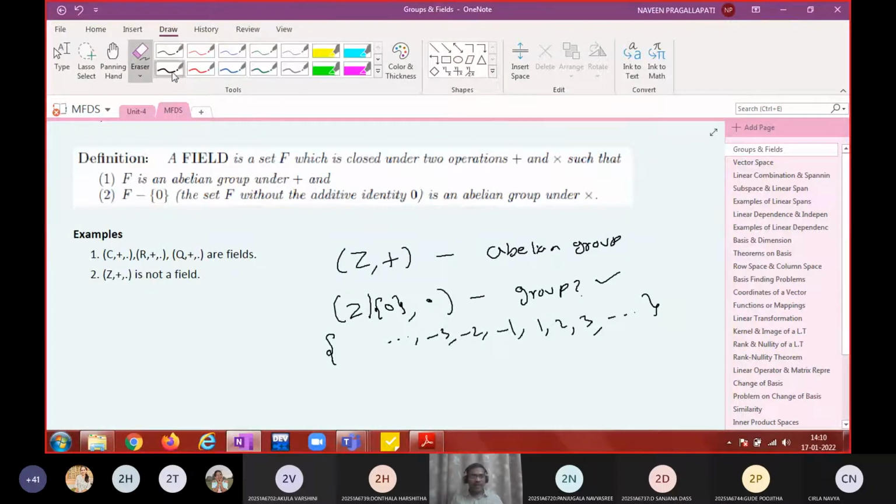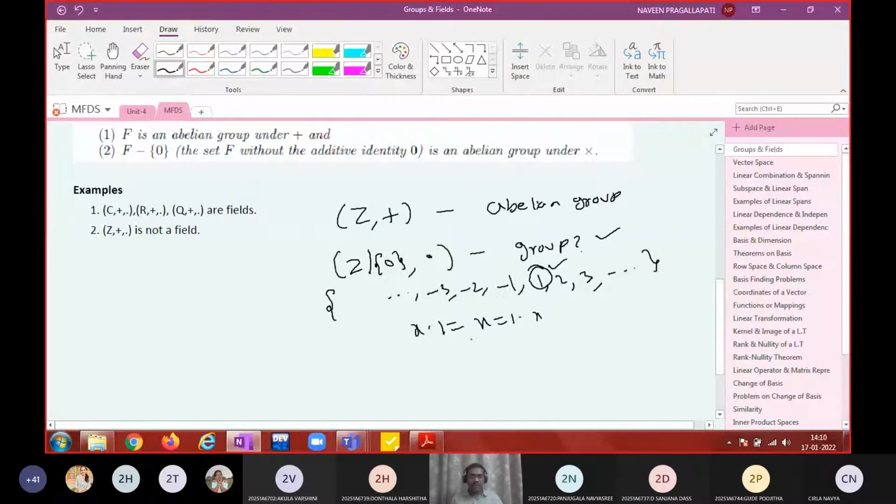What is the multiplicative identity here? 1. You take any integer x, x into 1 equals x, which is equal to 1 into x. 1 is the multiplicative identity, and these integers follow the associative law also.